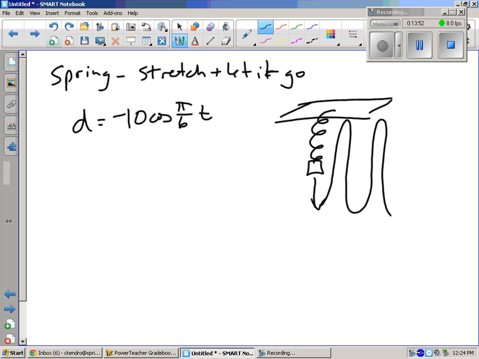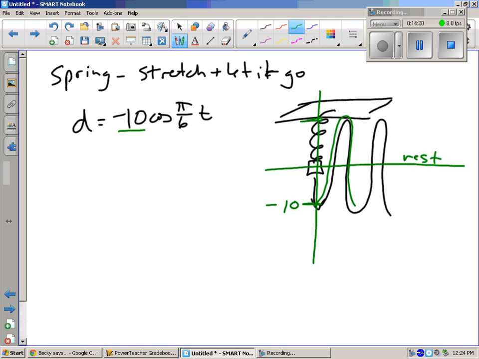So if I just look at this first section, the up and the down, that looks like an upside down cosine graph. So if we think of this resting as our x-axis, we should be able to come up with an equation. So here's our x and y grid. The -10 means I'm going to start down here at -10.